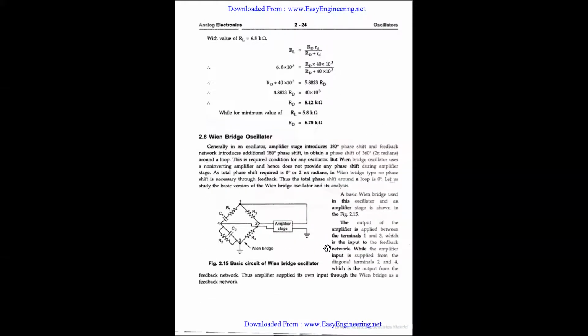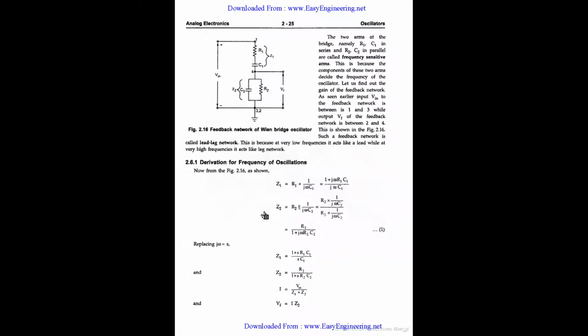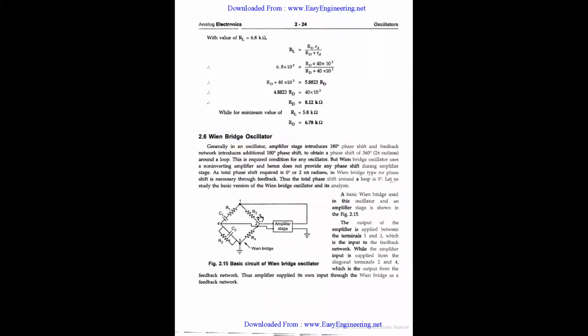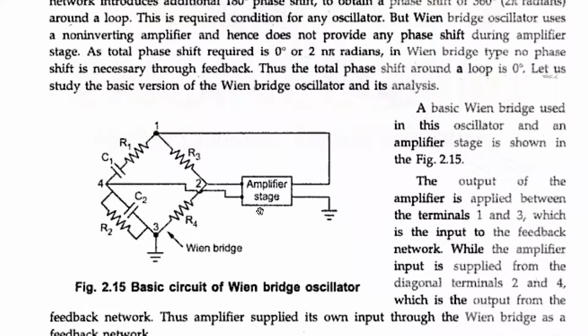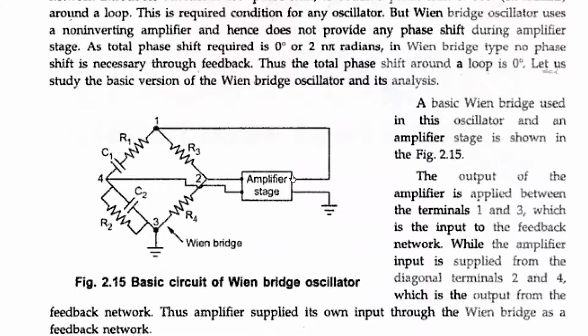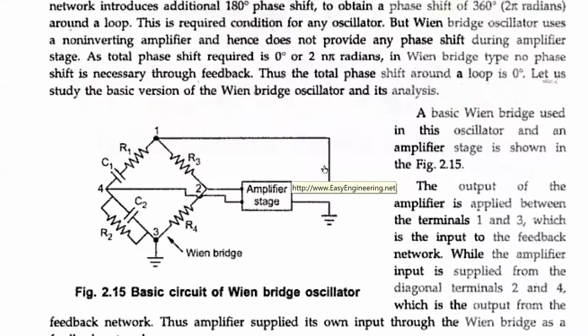Here is an important observation that you have to make. In any oscillator the usual condition is this: this is the feedback network, this is the amplifier block.